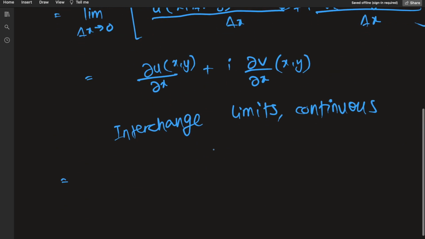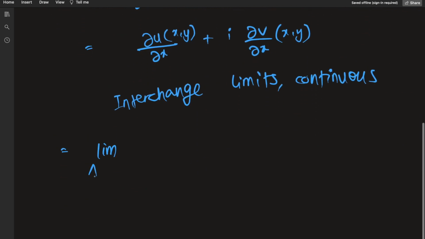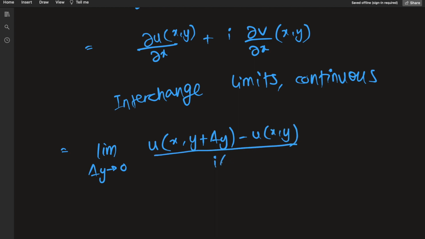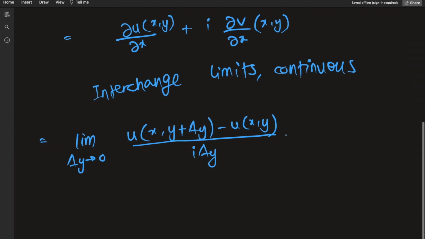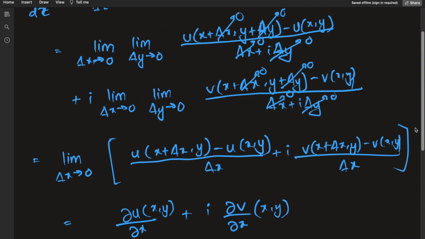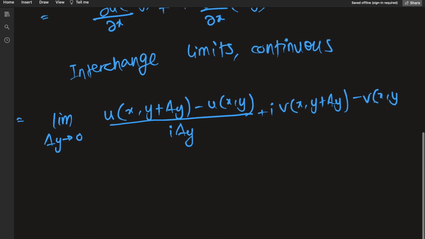So I have the limit as delta y goes to 0 of u of x comma y plus delta y, minus u of x y, over i delta y, plus i times v of x comma y plus delta y, minus v of x y, over i delta y.